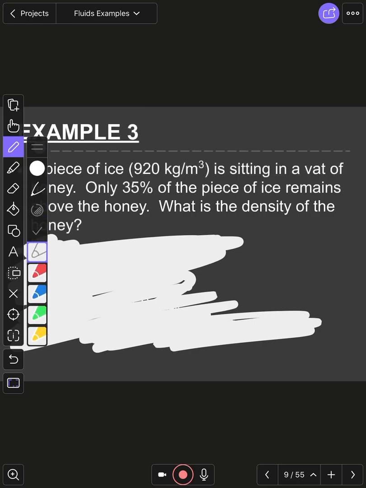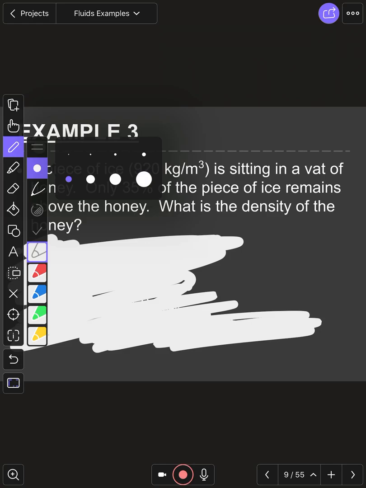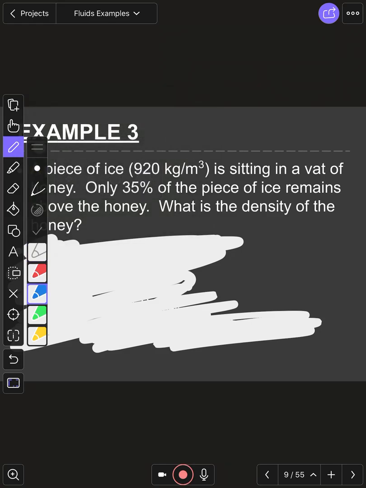So first of all, we're talking about ice and honey, which is not something we're used to seeing, right? We're used to seeing ice in water, and that would make this really easy. But it does give us the density of the ice, which is awesome. So I'm going to make a little list of information that I do know.